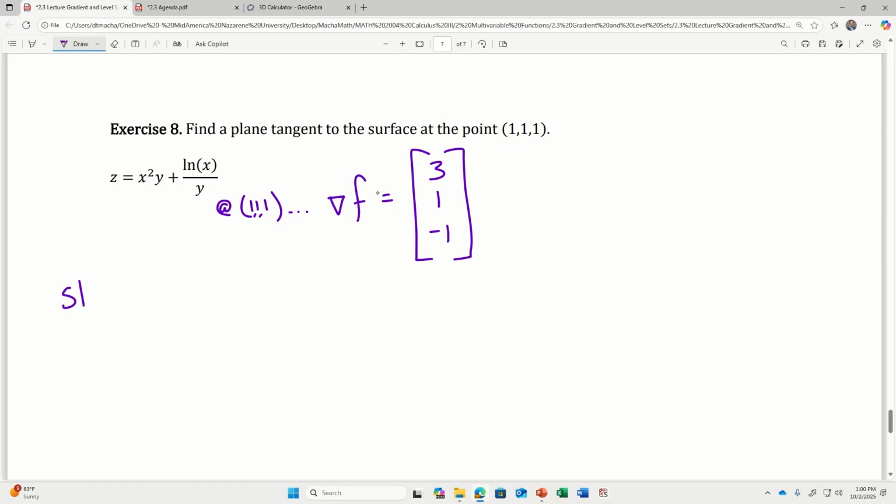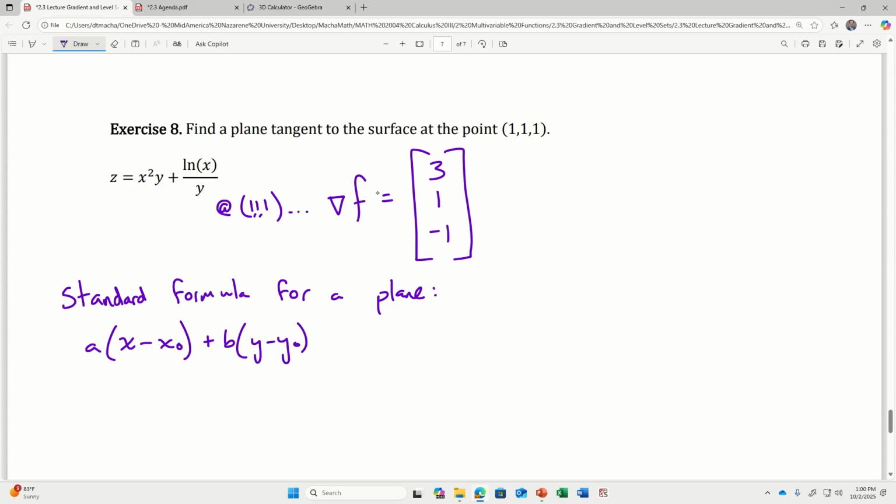Yeah, my standard form for a plane equation said something like this: A times (x minus x0) plus B times (y minus y0) plus C times (z minus z0) equals 0. I think that was it.